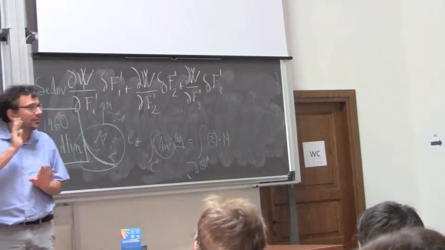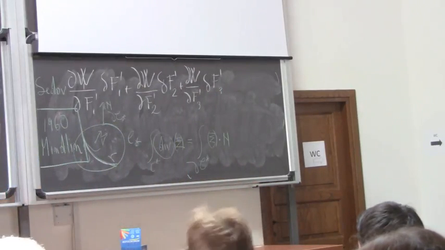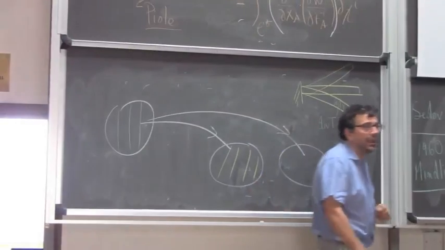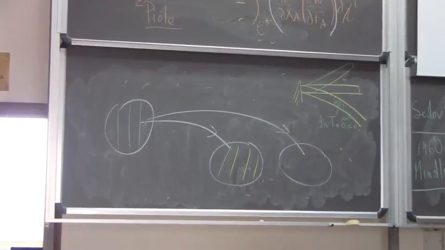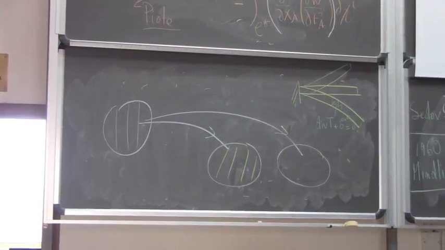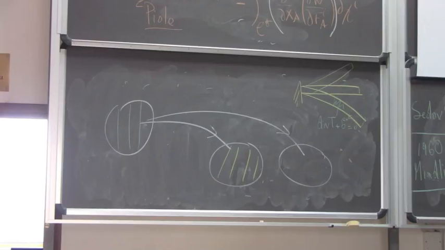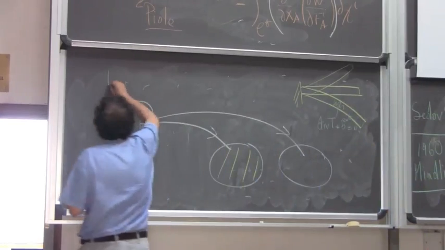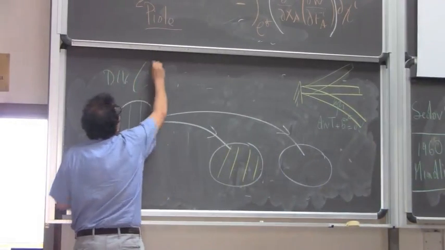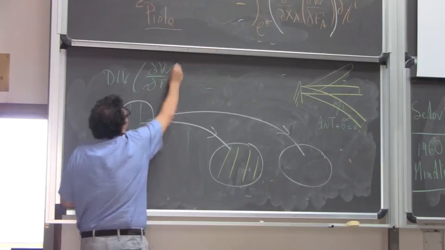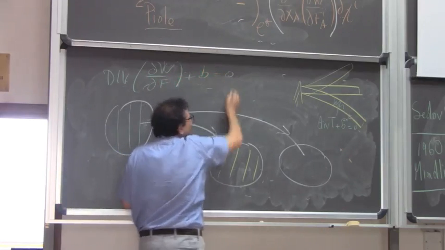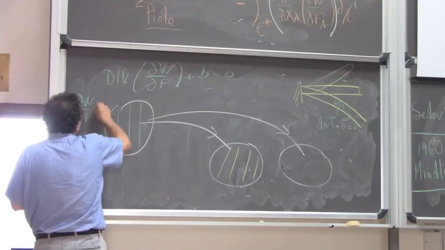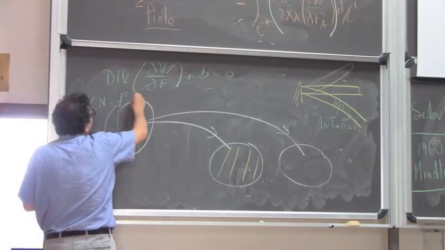If you write the equations in the reference configuration, the domain is always the same. So you write div dW over dF plus b equals 0, where dW over dF equals the externally applied forces.